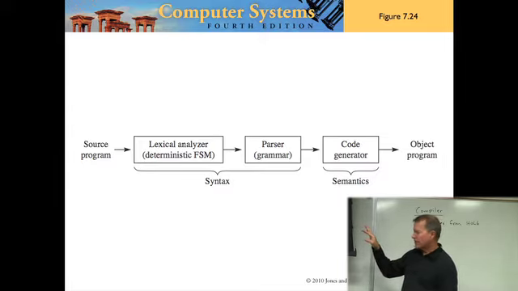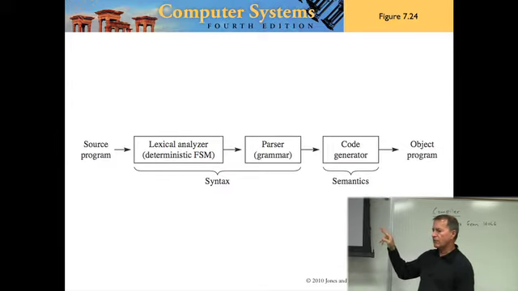Okay, so now, to get back to this figure 7.24. If you're going to write a C++ compiler, the way it's always done is the lexical analyzer determines the tokens, and furthermore, the lexical analyzer is based on a finite state machine.